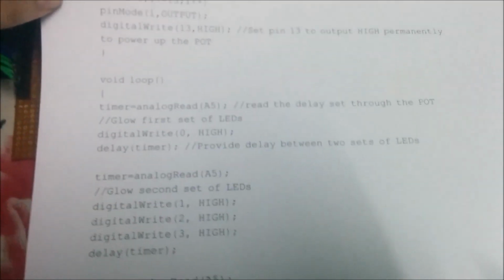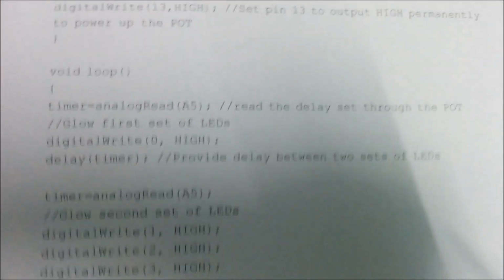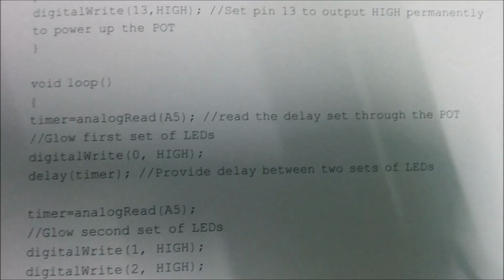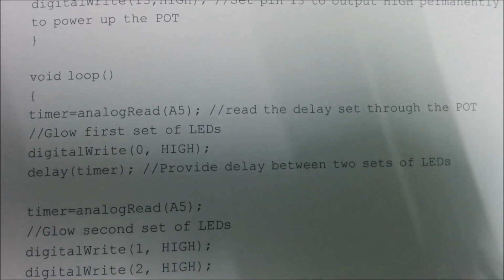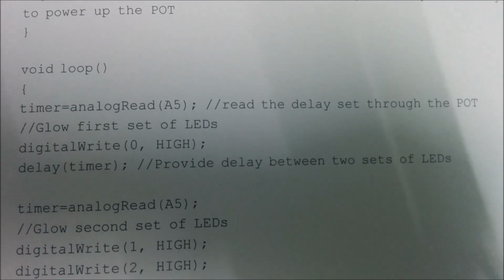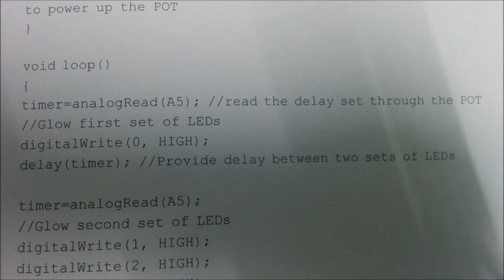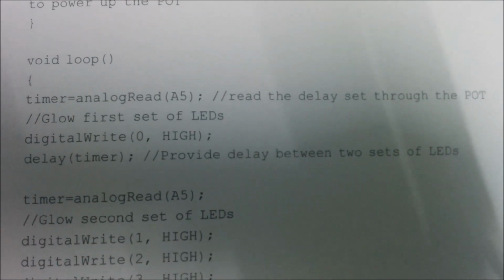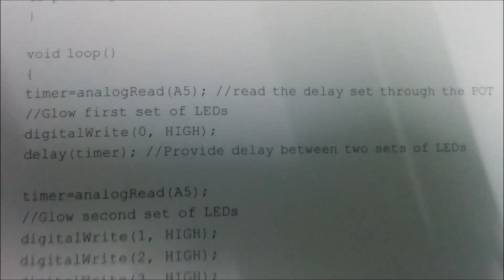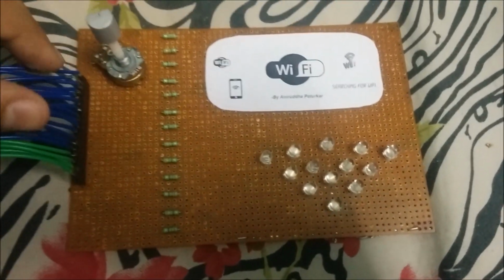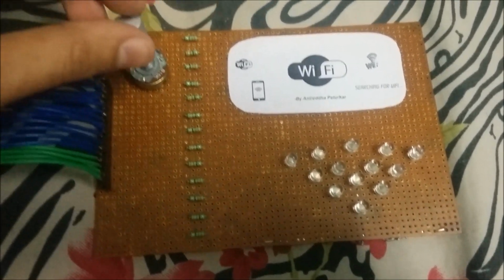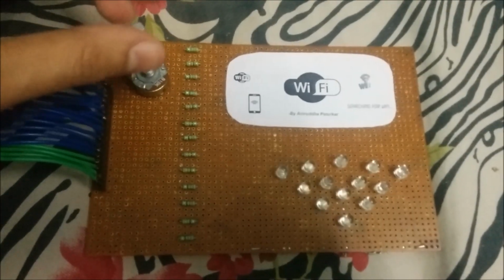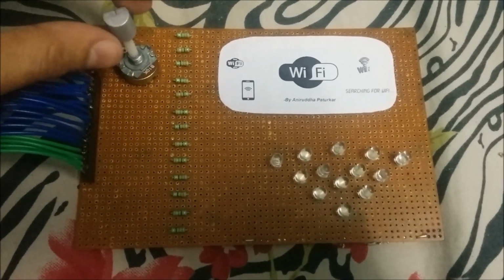Now let's go to the main part, that is the loop. First, we would be reading the setting of the pot each time before we glow the set of LEDs. This is because the user can vary this pot at any arbitrary time.